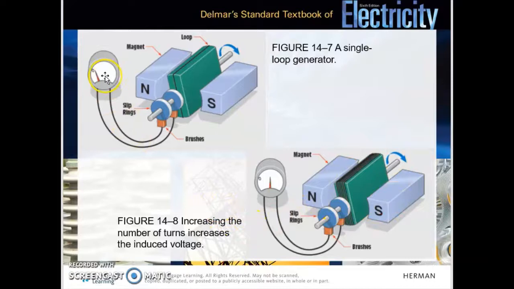We can see here that the voltage induced on the single loop version is very small versus the voltage induced on the multi-loop version, which is much higher. So again, the number of turns of wire is one of the three things that determines the amount of induced voltage. The more turns of wire, the more voltage. The fewer turns of wire, the less voltage.